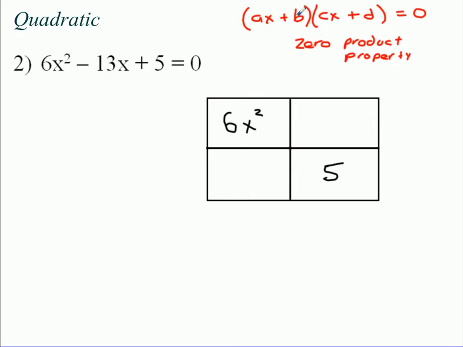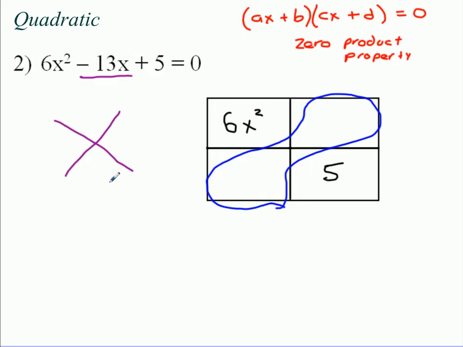And the two inside terms multiplied together plus the two outside terms multiplied together have to add up to negative 13x. So I'm really looking for two values that when I add them together, I get negative 13x.